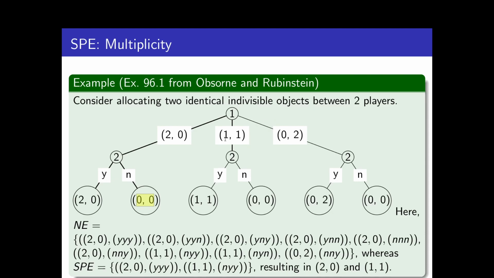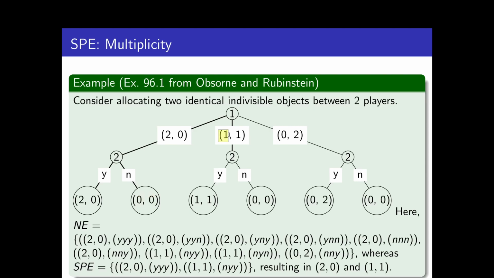Another option: player 1 always offers how to allocate both items fully. So player 1 does not say, let me get one object and you get nothing. You simply assume that player 1 always says 2, 0, or 1, 1, or 0, 2.